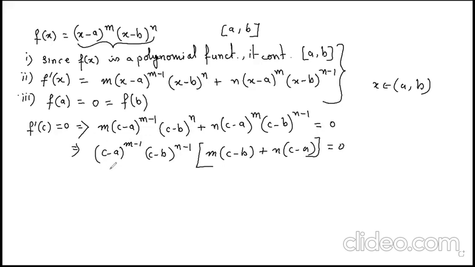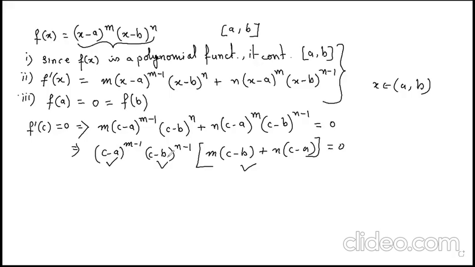Now look at the parts. These are the multiples of these three, and this product will be equal to 0. What does it signify? Either this will be equal to 0, or this will be equal to 0, or this part will be equal to 0. Now the first two being 0 is not possible. Why? If I make this equal to 0, c becomes equal to a.